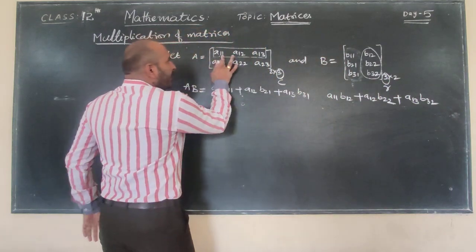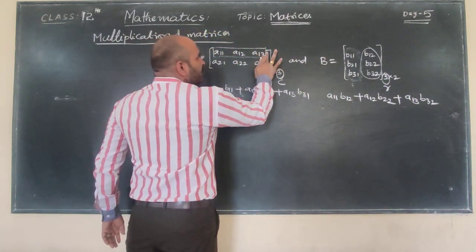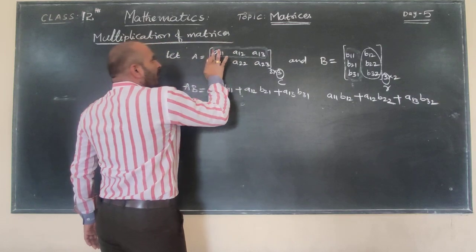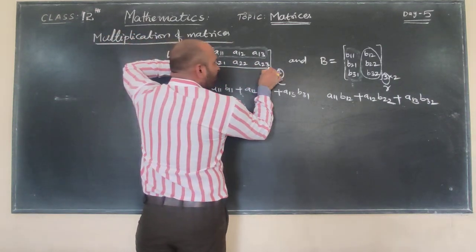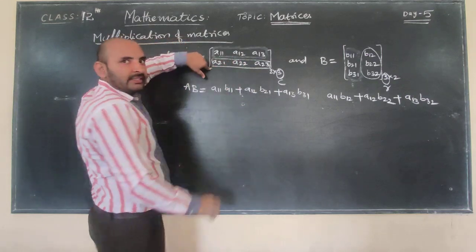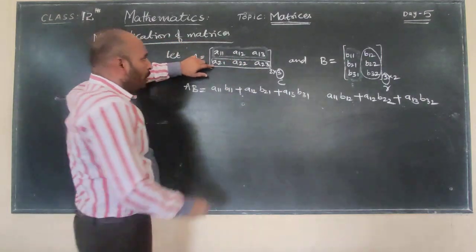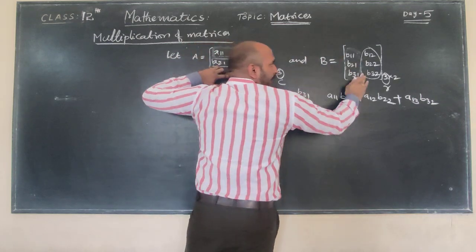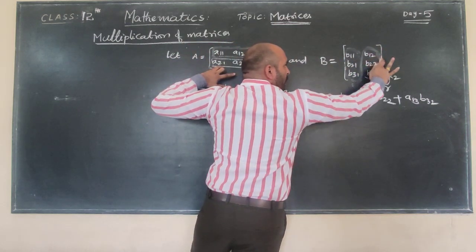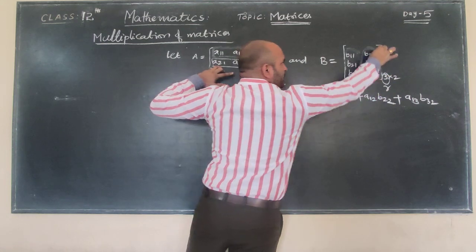So now, taking the second row elements. These are the second row elements of the first matrix. The second row elements multiply with the first column of the second matrix.